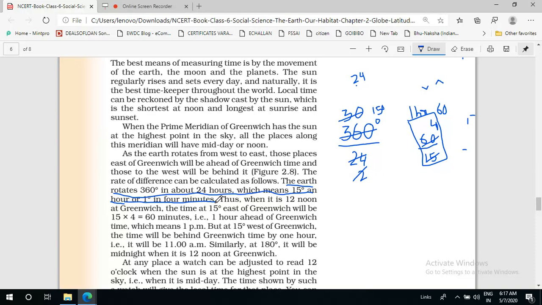Then, if the earth is moving 360 degrees in 24 hours, how many degrees is it moving in 1 hour? And then the next calculation: if the earth is moving 15 degrees in 60 minutes, then 1 degree will be moved by the earth in 4 minutes. Further discussion will be done tomorrow.